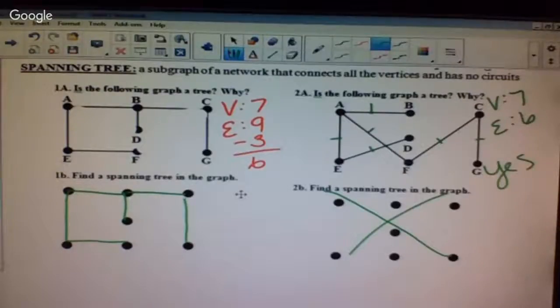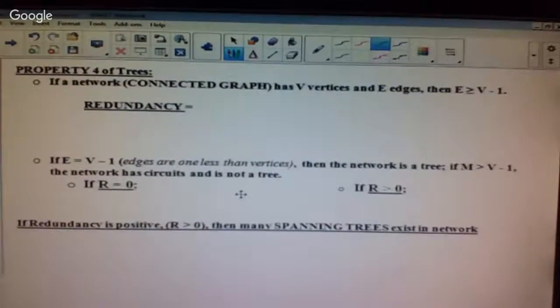This is one way to find how many lines I need to get rid of. And of course, it's math class. There's a formula for that. Redundancy. Your redundancy formula will tell you how many lines you need to get rid of.